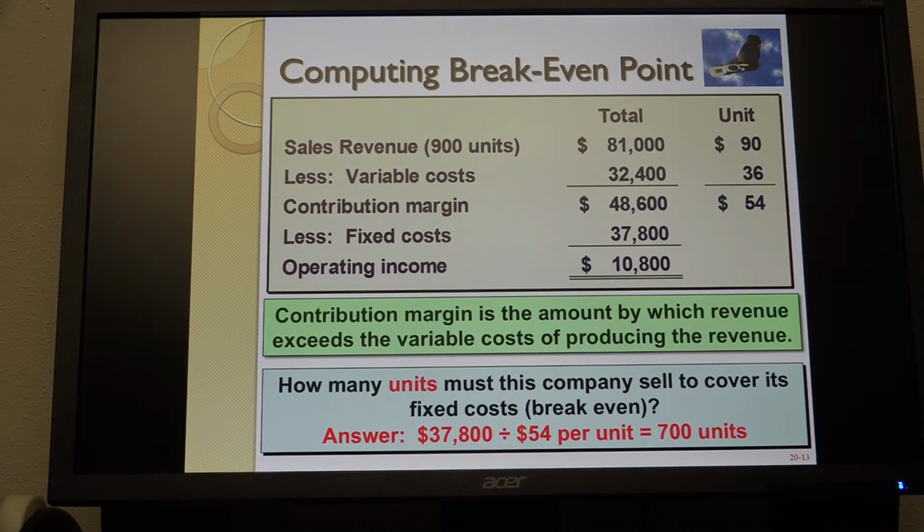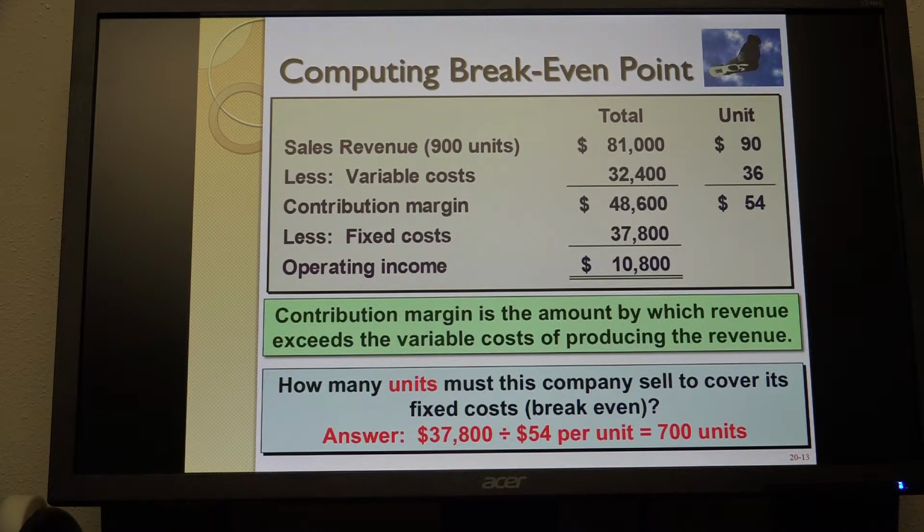And what you come up with is 700 units that you need to sell to break even. And so 700 times the $90 per unit means that they would need sales revenue of $63,000.